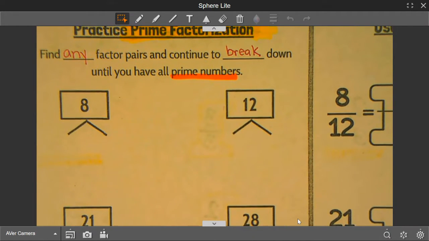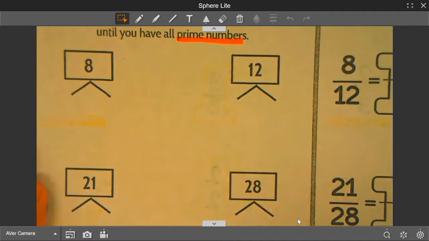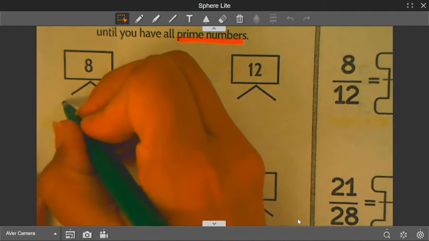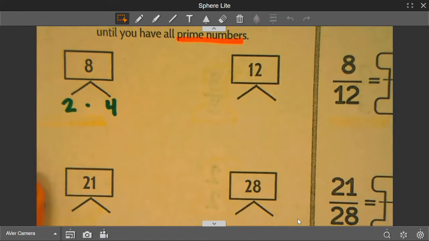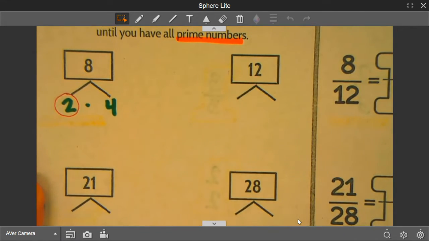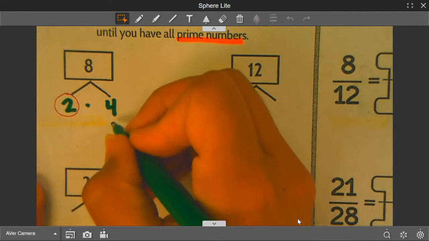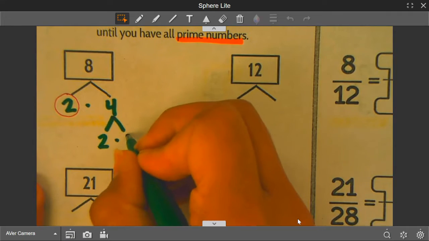All right, so let's take a look at 8. So let's find factor pairs. Any factor pairs? Yep, that works. 2 times 4. All right, 2 is a prime number, so we no longer need to break down. 4 is composite, so we can break that down further to 2 times 2.